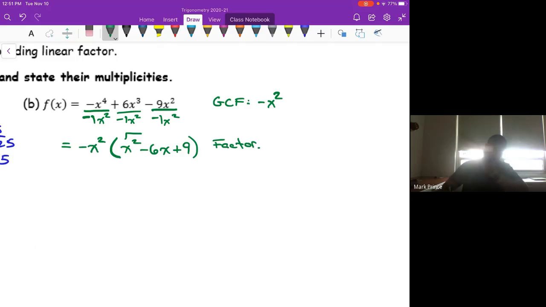So first times last gives me positive 9. Factors of 9 are 1 and 9 and 3 and 3. So to make negative 6, got to make both of these negative. All right, so I have negative x squared, x minus 3, and x minus 3.